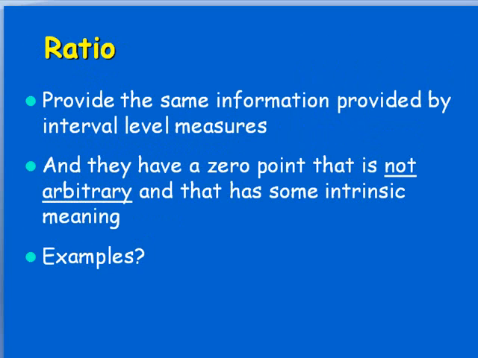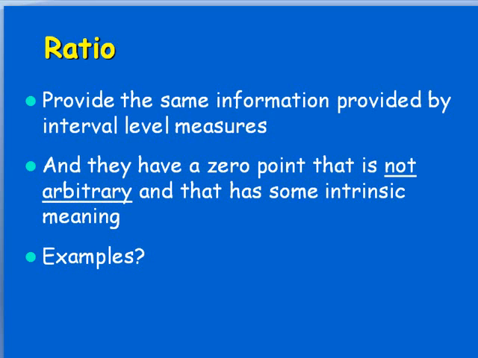But the trick is that ratio has what's called a true 0 point that is not arbitrary and that has some intrinsic meaning. An example is perhaps the number of marriages somebody has had.